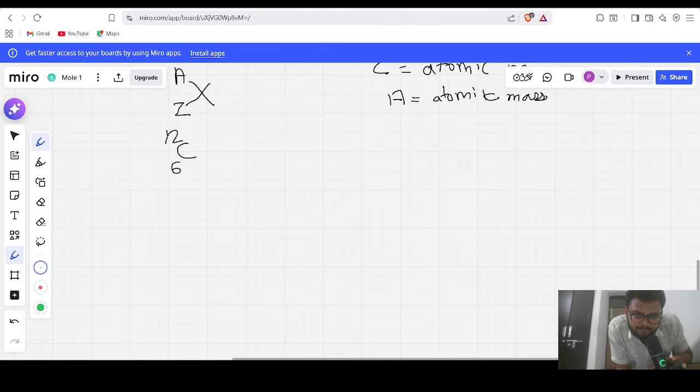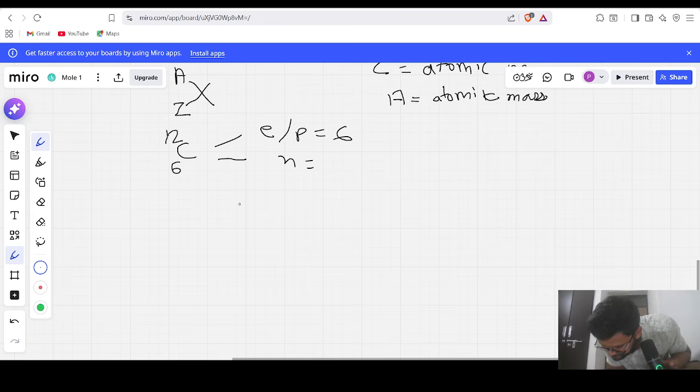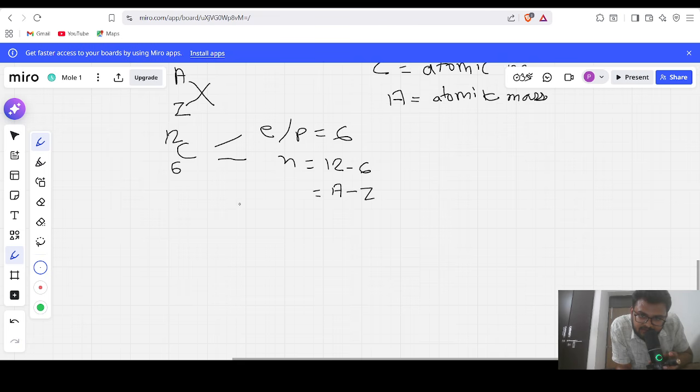So electrons and protons in carbon are 6. We can also see the number of neutrons. This can be a question in JEE or NEET, the number of neutrons in carbon. Electrons and protons are 6, and neutrons are 12 minus 6, which is A minus Z, nothing but 6.